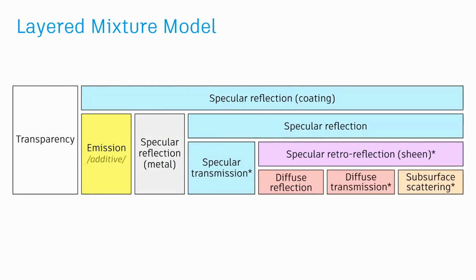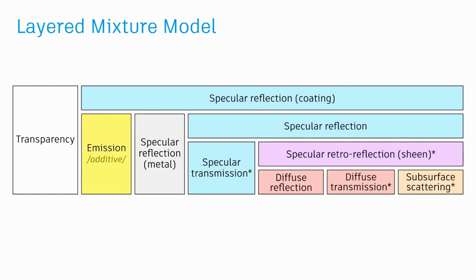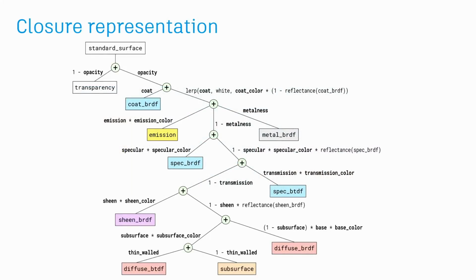And this is basically the translation of that model. You can see that some operations are a statistical mix based on weight, and some operations are a mix based on the reflectance of the BSDF. And that's how we ensure that a bottom layer will only reflect the energy that's been passed by another layer. And I can go into details into some of the effects that the material supports.